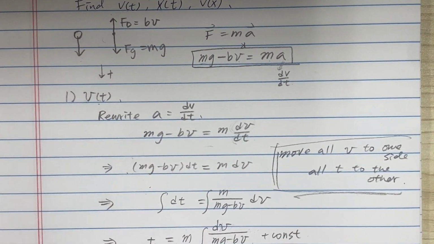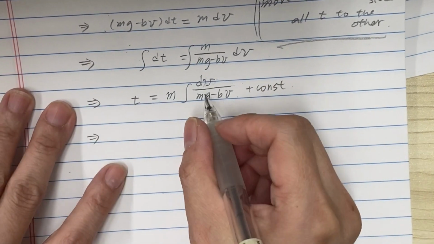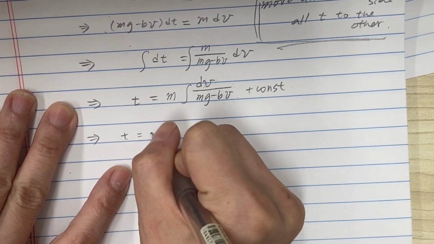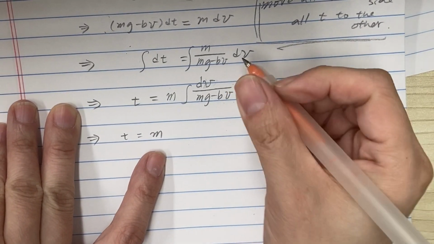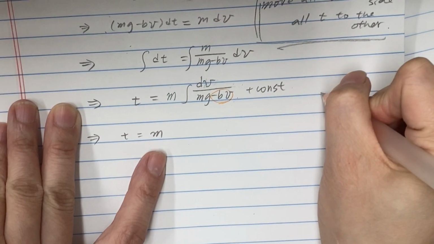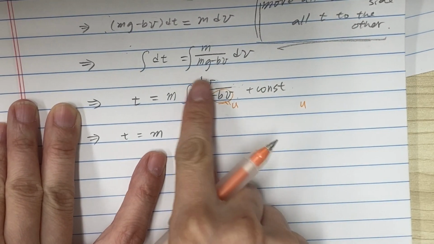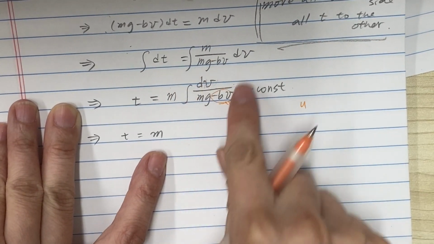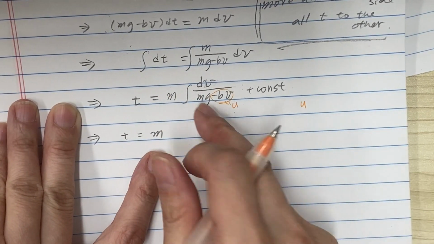I can fix this constant later with my boundary condition. So now I am here. I'm going to do a change of variables, or you can just look up your integral sheet to find the answer.